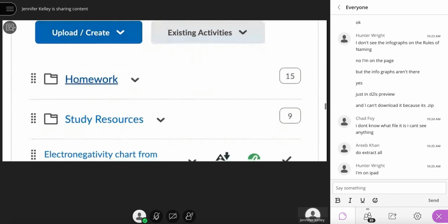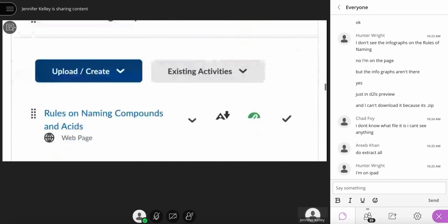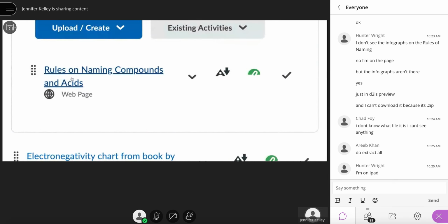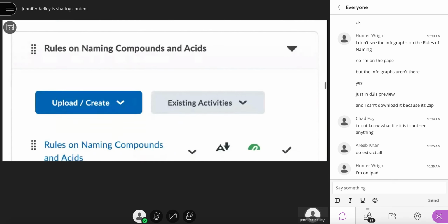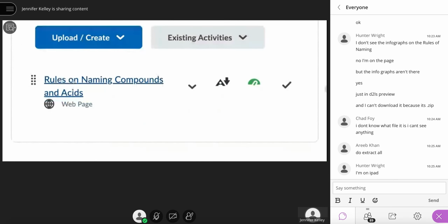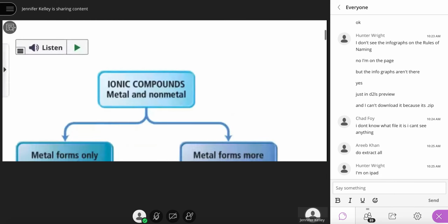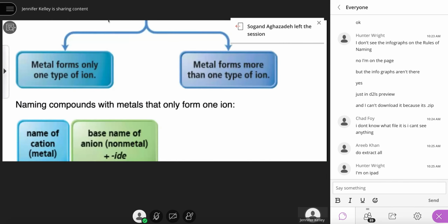Click on homework. And then right here, this should be just a regular file. So it's got the title, Rules on Naming Compounds, and then just this. Is that not what you guys are seeing when you load it onto yours?